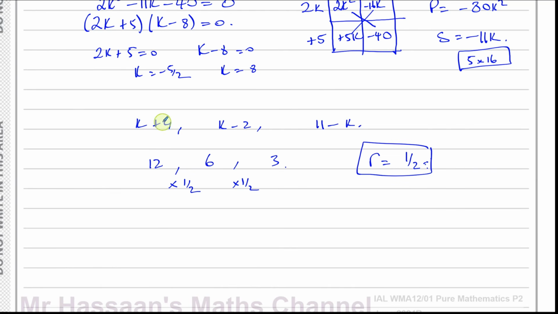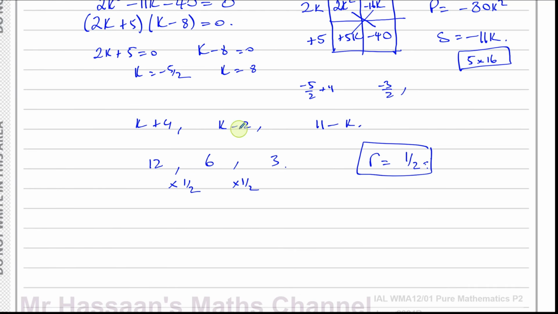If we put k as minus 5 over 2, I don't think it's going to give us the right series. We can try it out. Minus 5 over 2 plus 4 is minus 5 over 2 plus 8 over 2, which is minus 3 over 2.